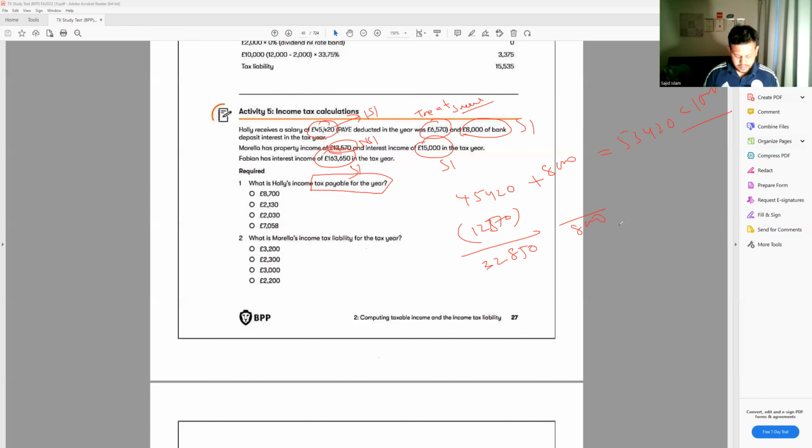If I add 32,850 plus 8,000, that gives me 40,850. So this is my taxable income, and the tax needs to be calculated on this amount.